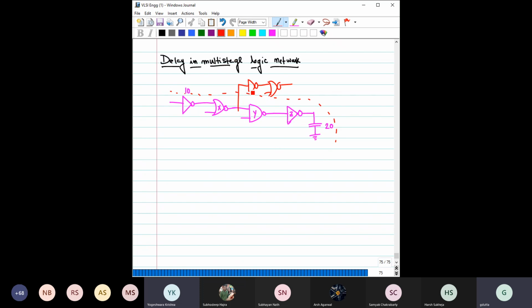Then we will introduce what will happen if we introduce branching, because in any particular design you can have a structure like this in the circuit diagram. How should we handle that? That we are going to discuss tomorrow. Okay then, thank you. We'll meet again tomorrow.